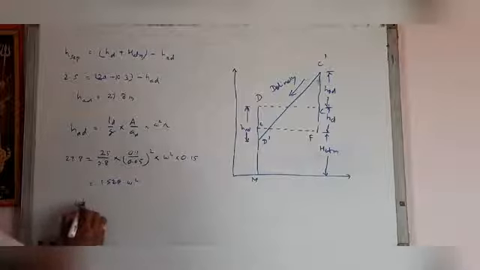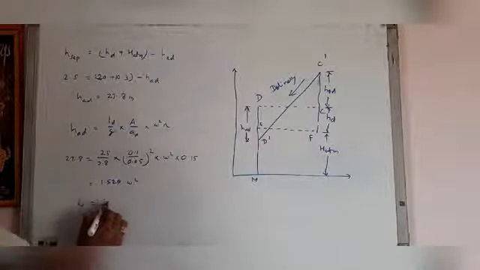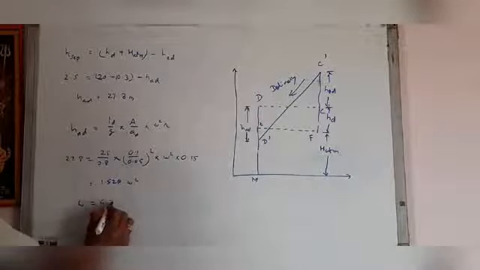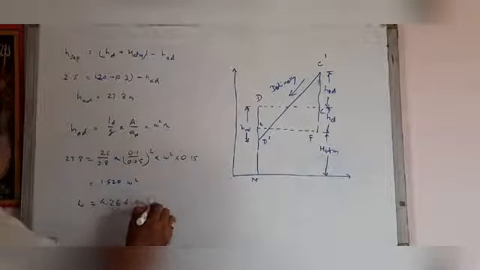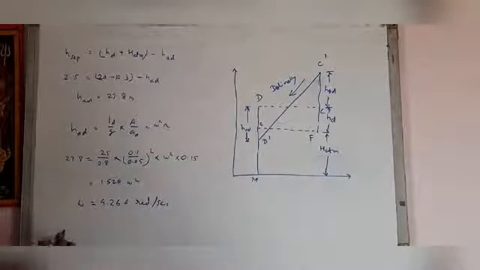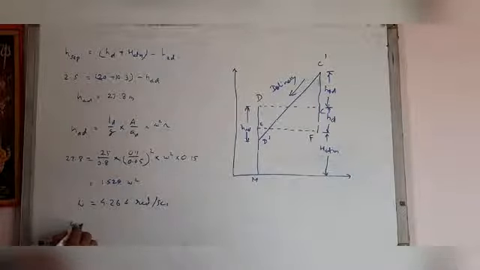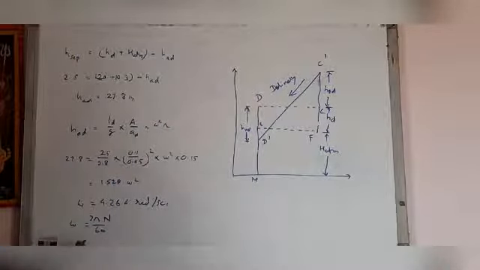So the value of omega comes 4.264 radian per second. But we know omega equals 2 pi N by 60.